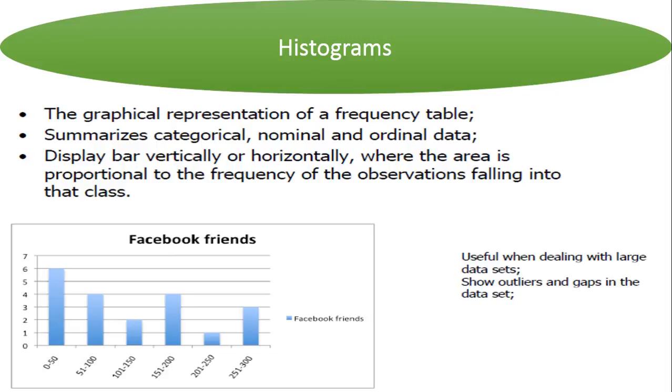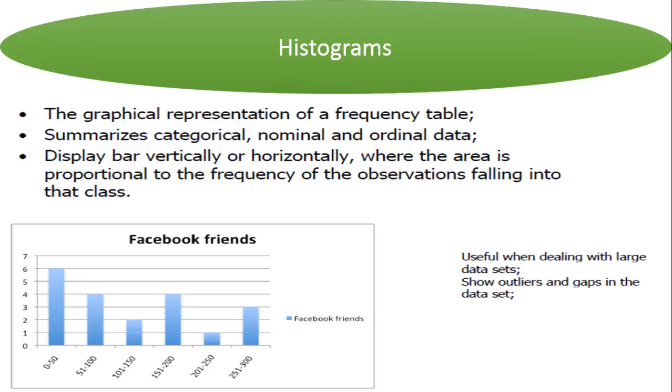after grouping a variable number, which is the number of friends, by class. The first class is 0 to 50 friends on Facebook. The second class is 51 to 100 persons, and so on, as you can see on the graph.